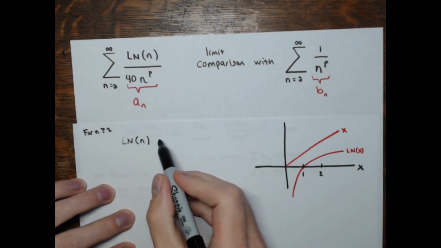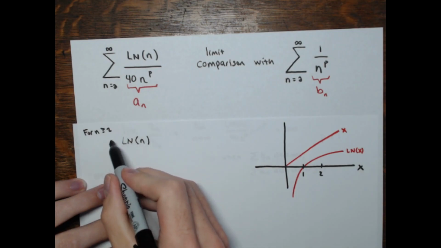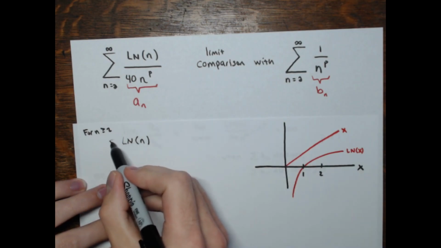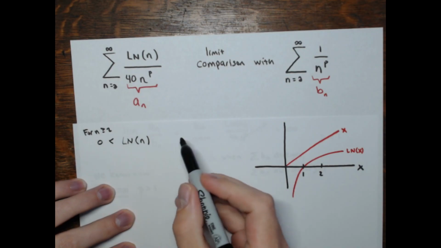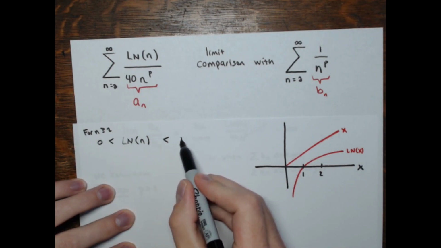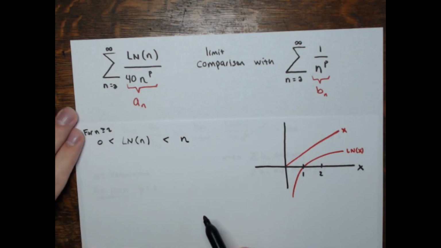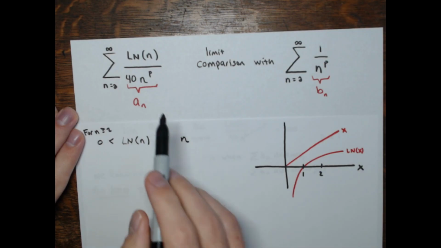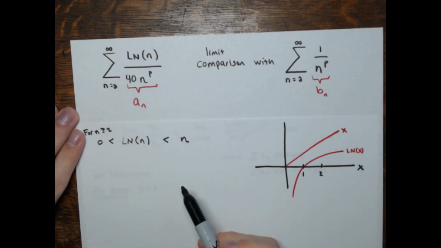So definitely from 2 onward, the natural log of n is, first off, positive, because there are going to be positive terms here. And this is always less than just n. Okay, so I see where we can go with this.